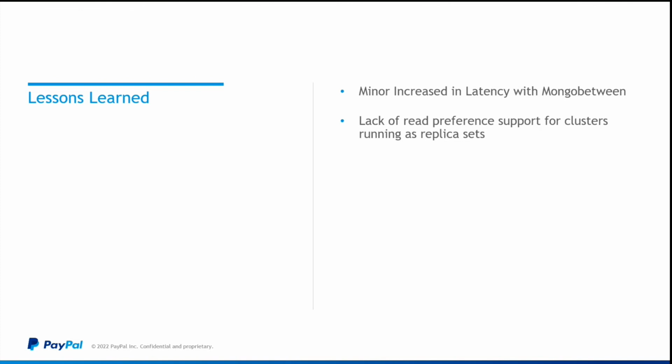So for this, we worked with the AWS DocumentDB team to get this addressed. Thanks to the DocumentDB team, they have opened a PR on the Mongobetween repo for adding support for this. We have subsequently rolled out this change on our platform.